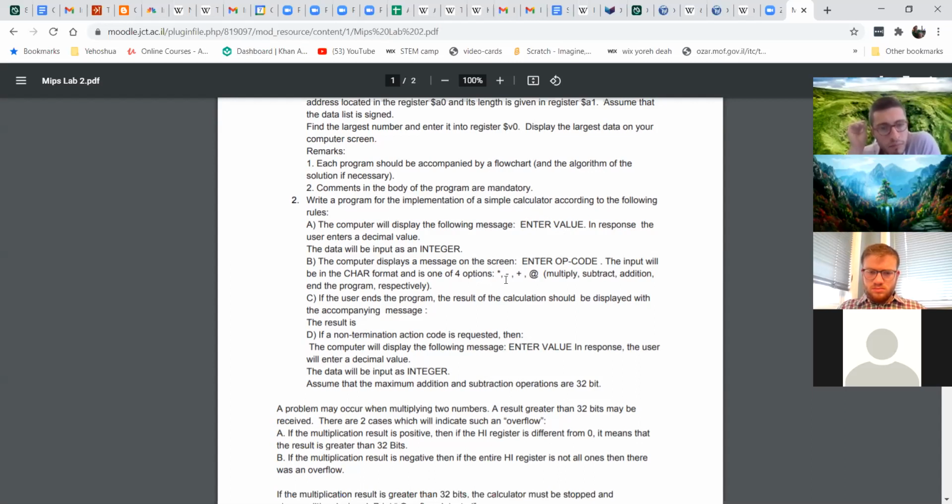Now, in order to check what symbol he gave you, you're going to have to store this symbol in a register. Now, how would you do that in C++? If you wanted to have a symbol in a character, in other words, you have a variable of type character, how would you store the symbol asterisk in that character? What would you write in C++?